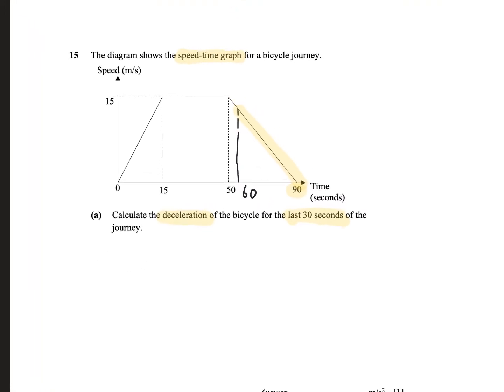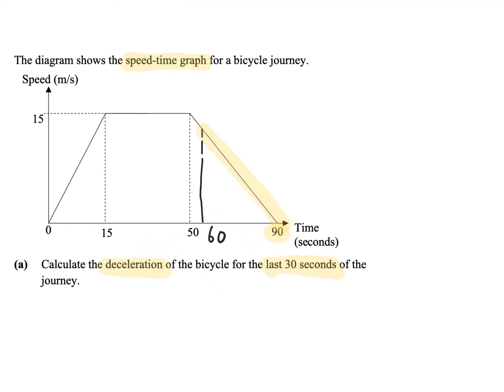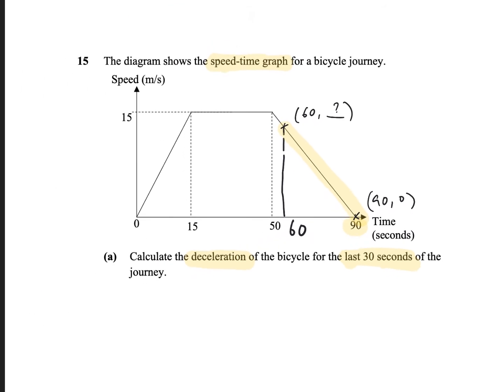Now you want to calculate the deceleration, so it means the gradient. To find the gradient, I just need 2 points. I know this point, this point is 90 and 0. This point is 60, but I actually don't know what this value is.